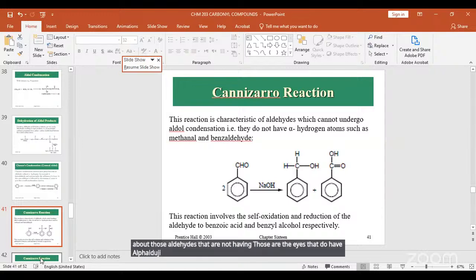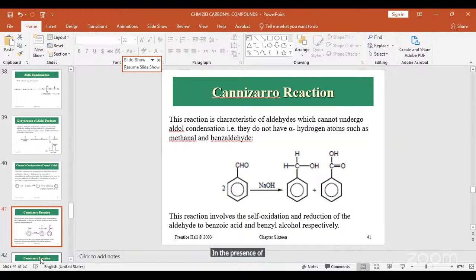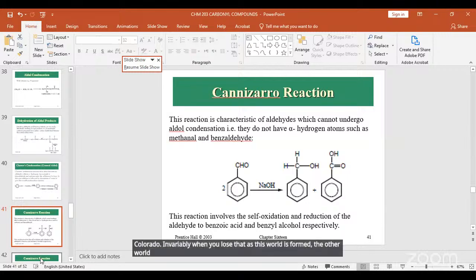They undergo self-oxidation and self-reduction in the presence of a strong base, a strong alkali rather. And invariably, when you use that, one acid salt is formed, the other one is going to be an alcohol.